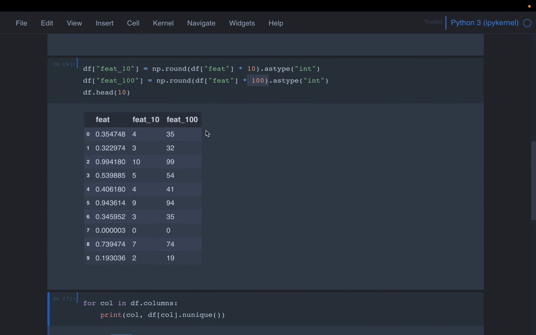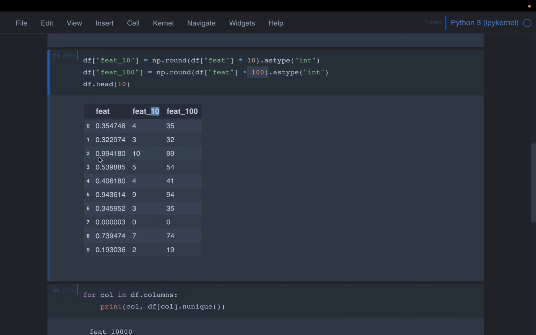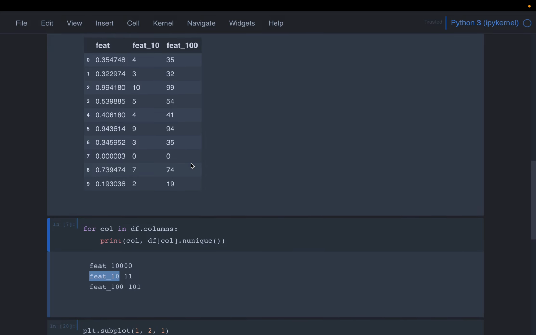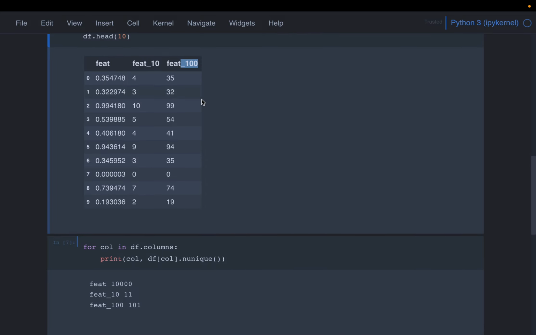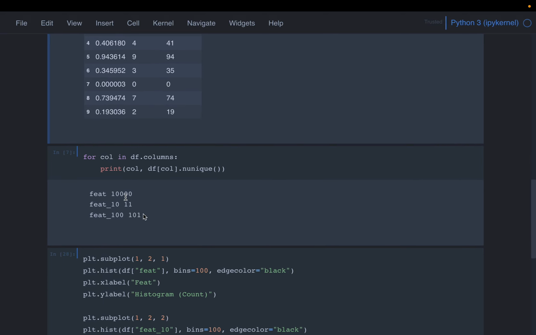Whereas when we did the rounding with respect to 10, we are transforming all these values to have a value between 0 and 10. That means we have much fewer values, only 11 values. Even if we had a million values here, in this feature we would still have only 11 values, right? And similarly, when we use 100 for multiplying the original data, that gives us 101 distinct values.